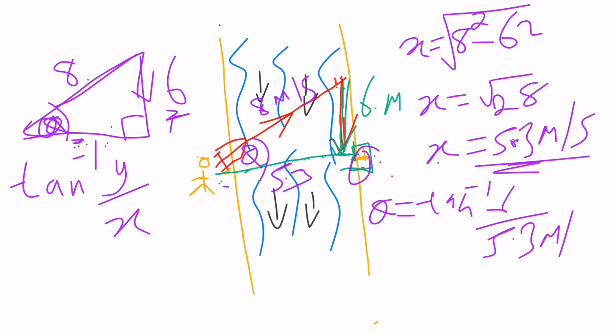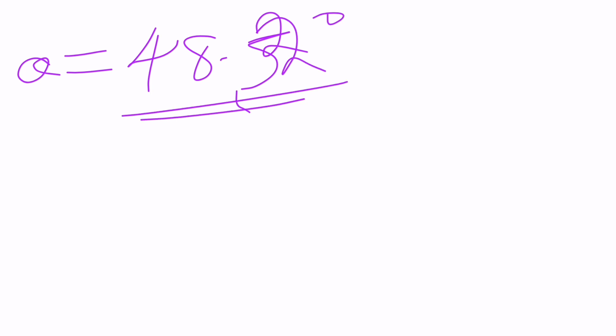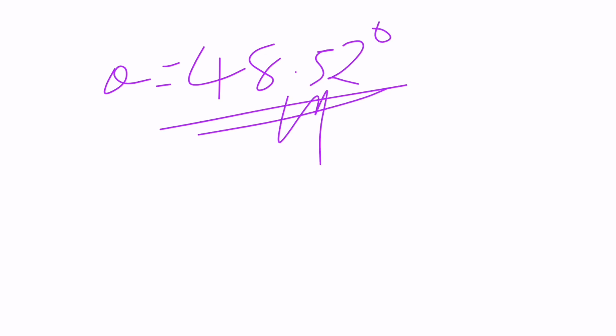When you calculate, you'll find theta is 48.52 degrees. So that is theta. The question is simple and easy, so those are free marks. Relative velocity is free marks in the exam.